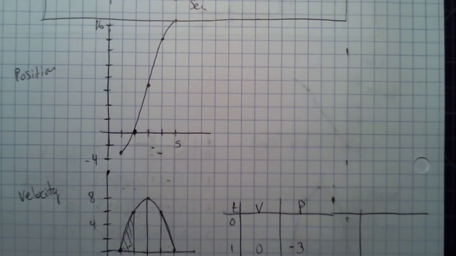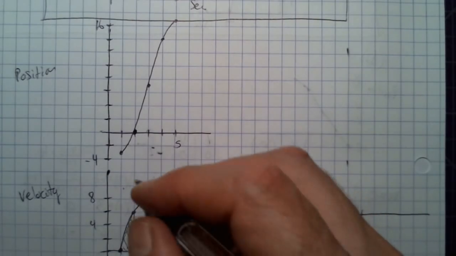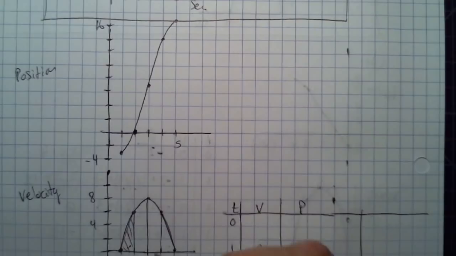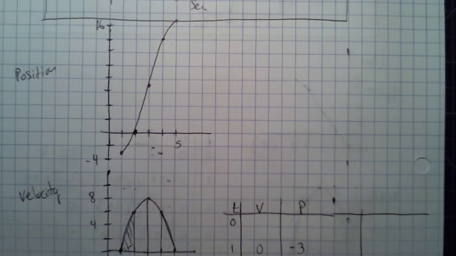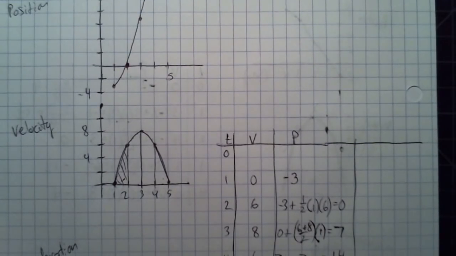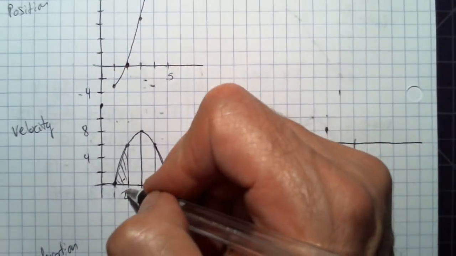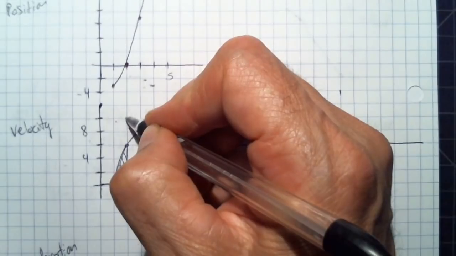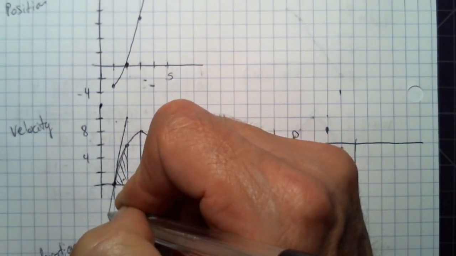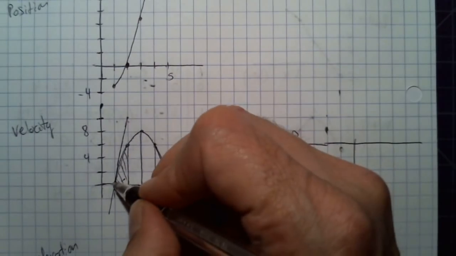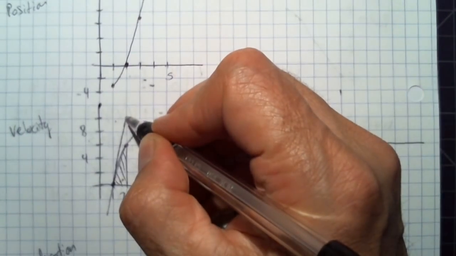Okay, and then we'll find slopes. So let's estimate the slope at this point. It looks like it might go through this point. So if we draw that tangent line, maybe it goes through 2, 10.